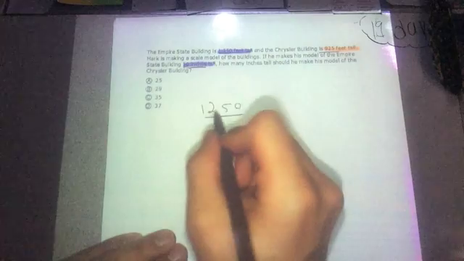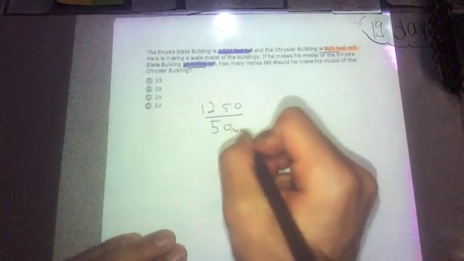So what I'll do is Empire State Building I'll make purple, and then I'll make the Chrysler Building orange. Now we're trying to figure out how tall the Chrysler Building would be in inches, the model. So we have this comparison right here, this ratio, 1,250 feet to 50 inches.